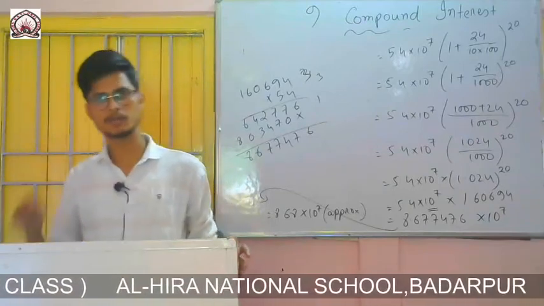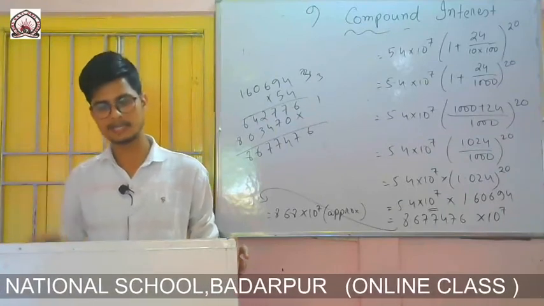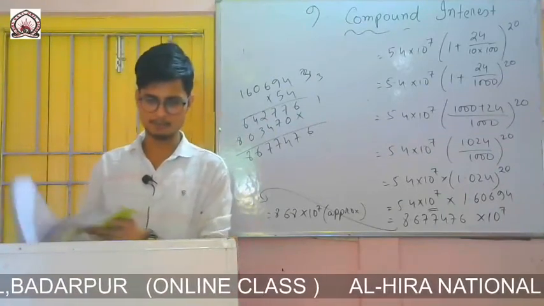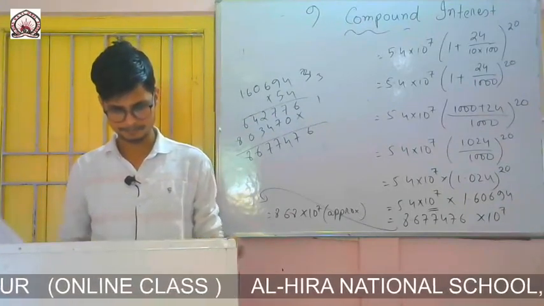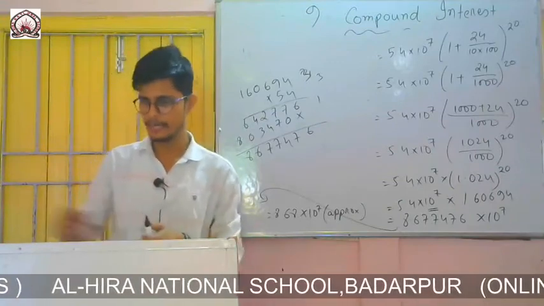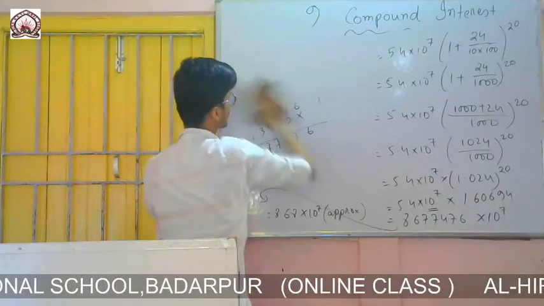The amount equals P into 1 plus R1 by 100, again into 1 plus R2 by 100, into 1 plus R3 by 100. Using that formula we can find the amount and then we can find the interest.